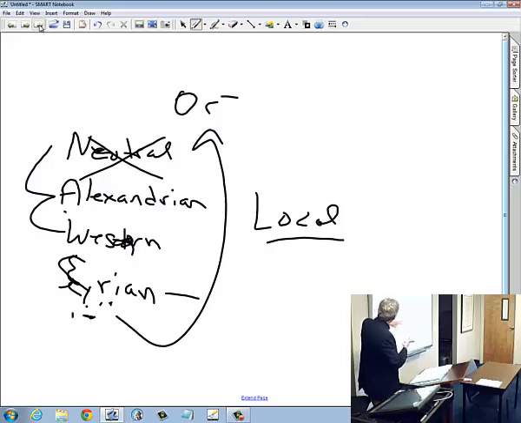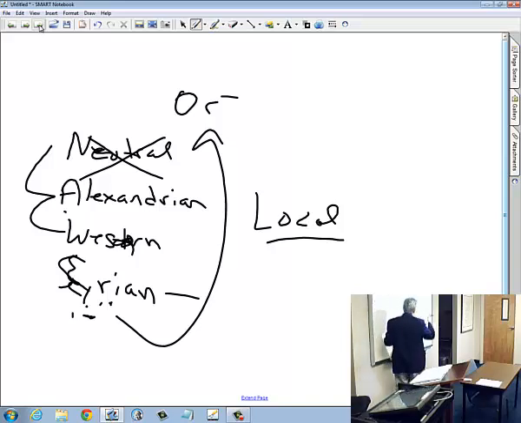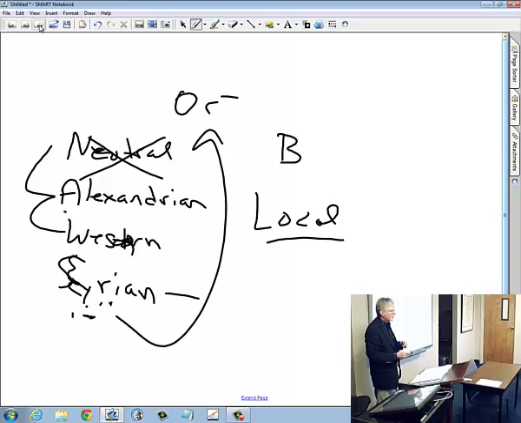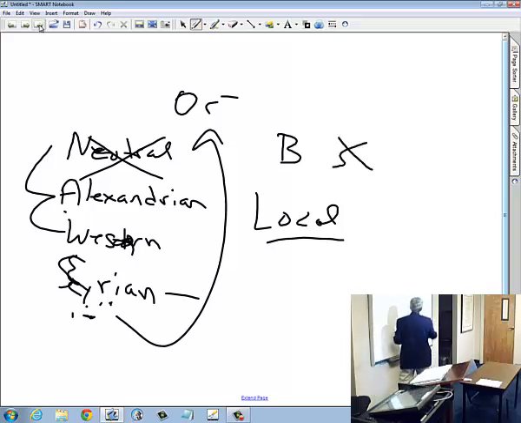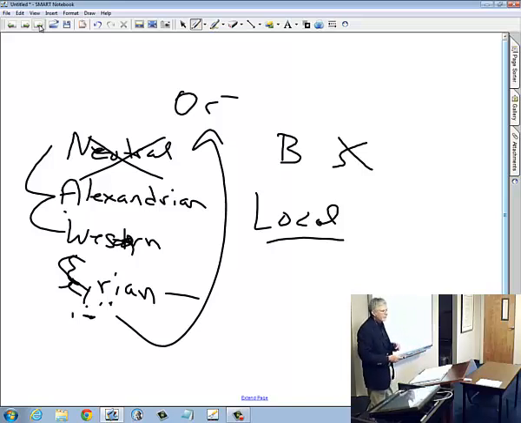And for the most part, the neutral text, if we can identify specific manuscripts, was identified, and I'm using now the siglum for the manuscript, was B. You know what manuscript B is? Vaticanus. And Aleph. What was Aleph?